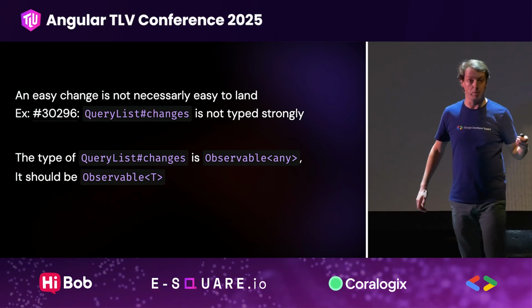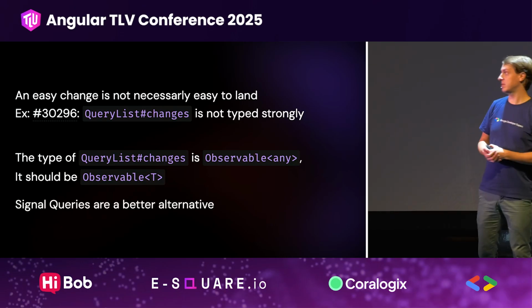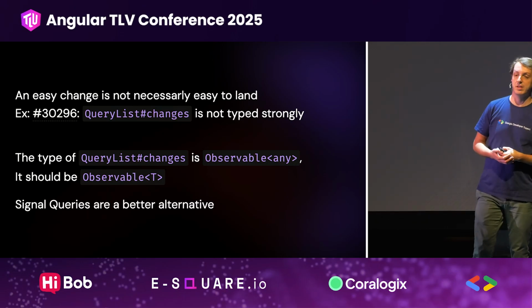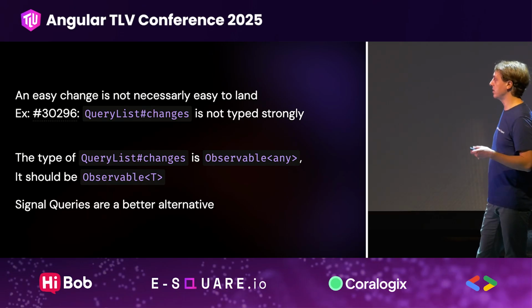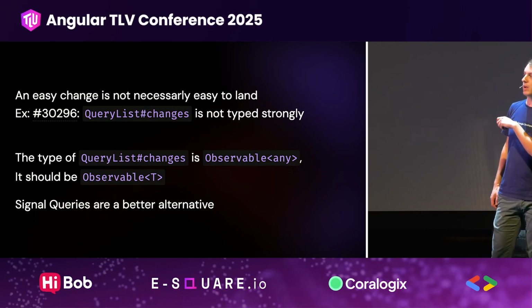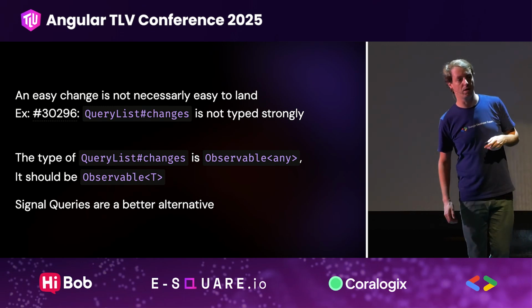And we sometimes come up with a better alternative. In that case, it was when we introduced the signal queries, and you could have a better API, better DX, developer experience, by just using the new API. So single queries were a better alternative, and we accepted that the API of QueryList wasn't ideal, but we have better alternatives today.